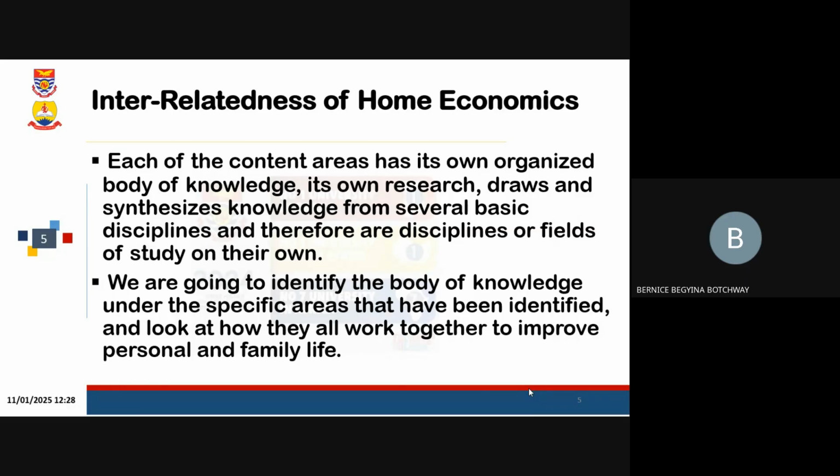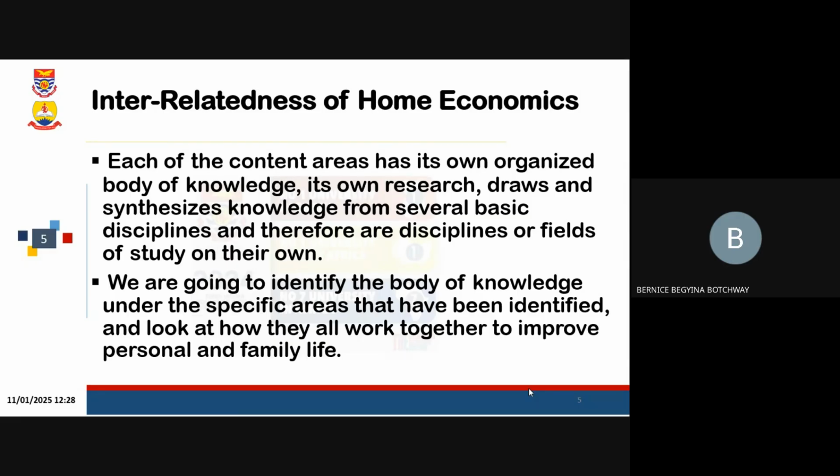So when it comes to home economics, it talks about how each aspect, each concern, works together. When we take food and nutrition, how can these courses be used to better explain some aspects of clothing and textiles, and of management and living?